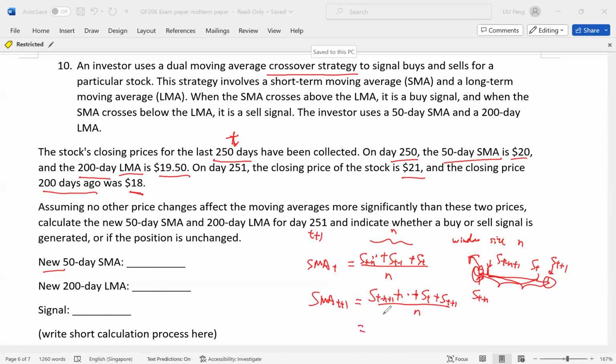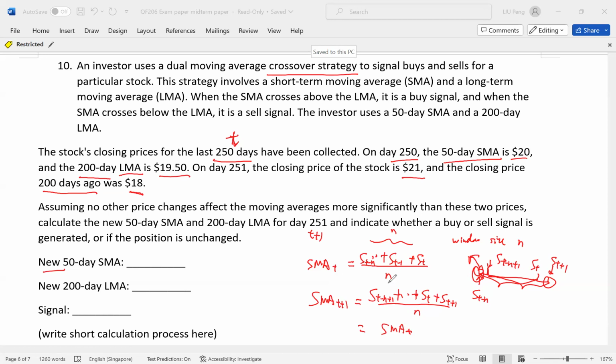So let me do some reshuffling. This same expression, I want to express it as something related to SMA_t. It needs to be something relevant to the previous SMA, similar to how we calculate EMA, the exponential moving average. So let's look at how to do this.